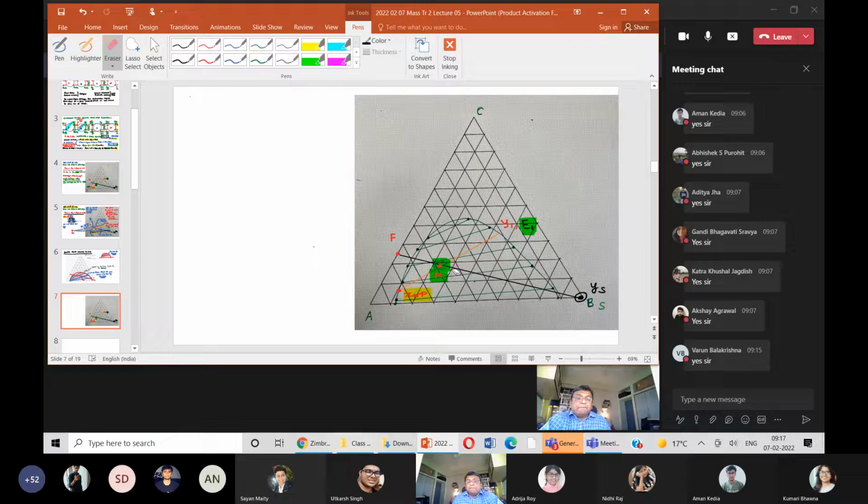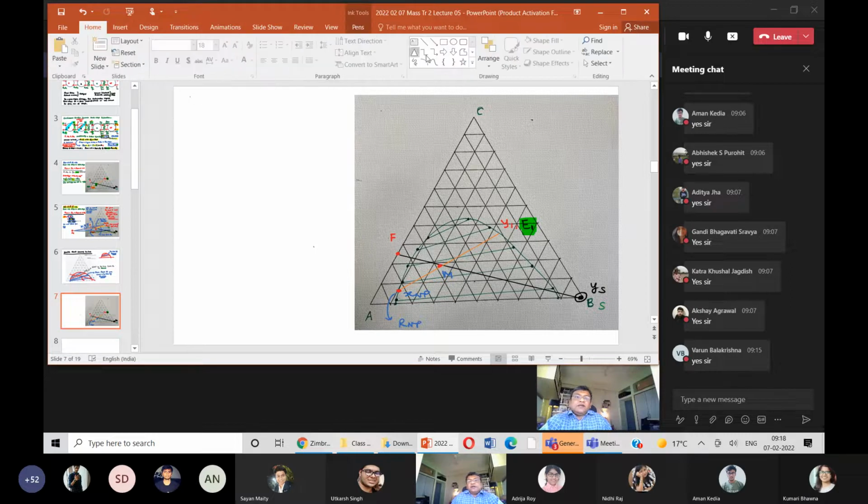Okay. So as usual, we locate these points, and after that, we locate the difference point. So now the class knows how to locate the difference point.